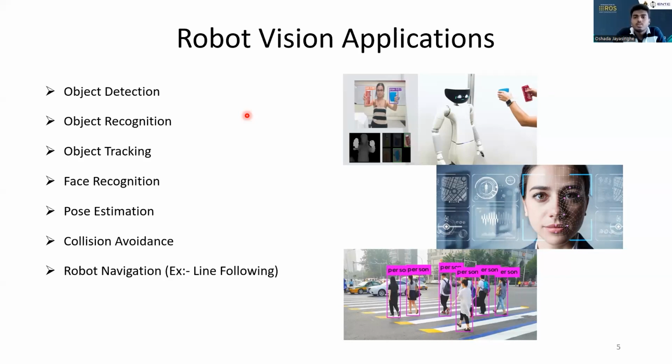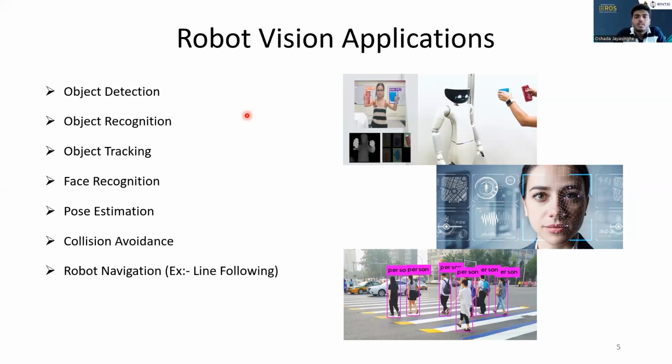I will talk about how this happens for each kind of sensor, but I will mostly focus on camera and vision aspects of it. Some of the robot vision applications could include object detection, object recognition, object tracking, face recognition, force estimation, collision avoidance and robot navigation.